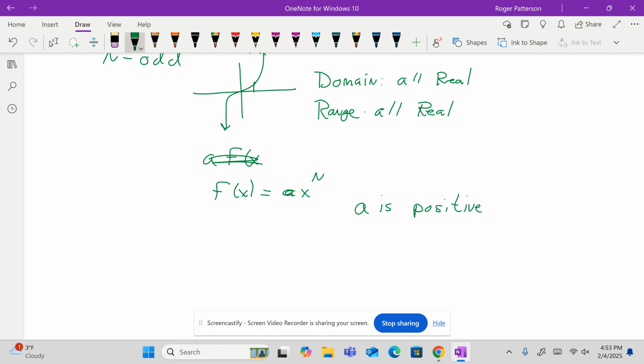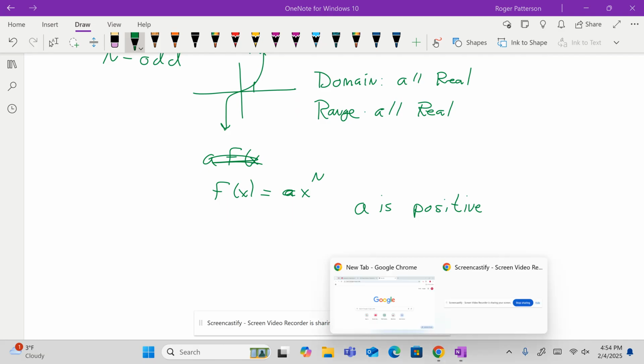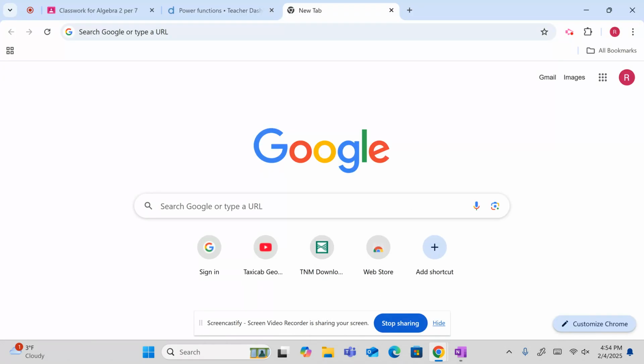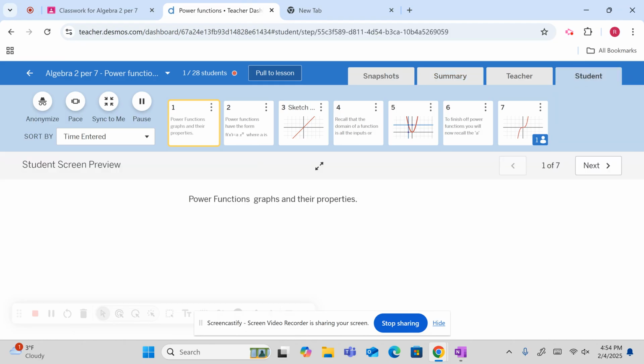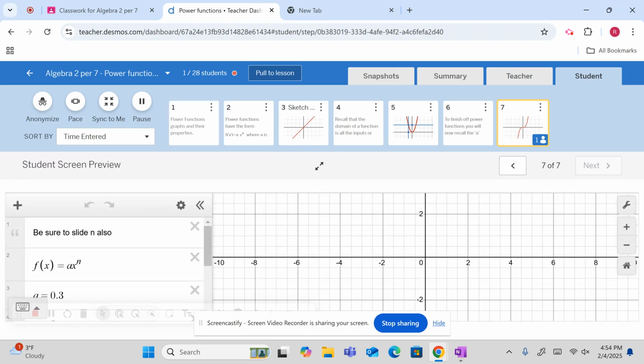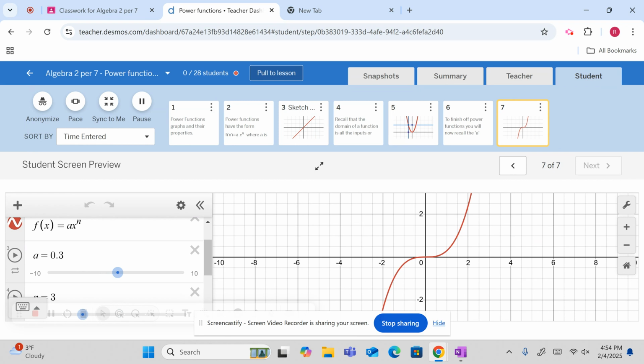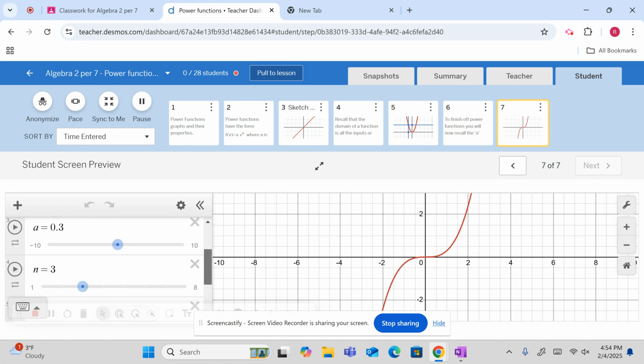The ends would be either going up or down. If they're positive, it will be going up for the U shapes. I don't know why it's not sliding in.